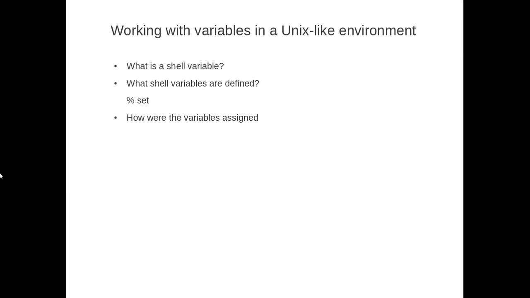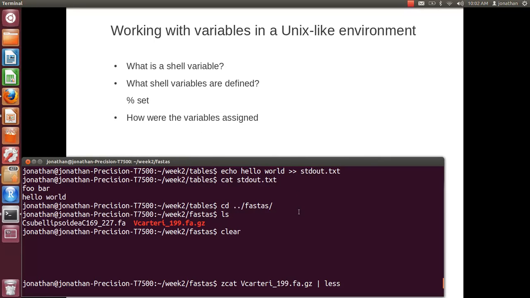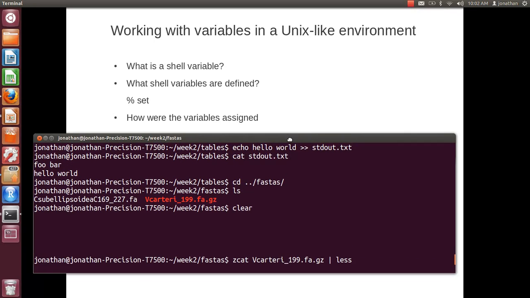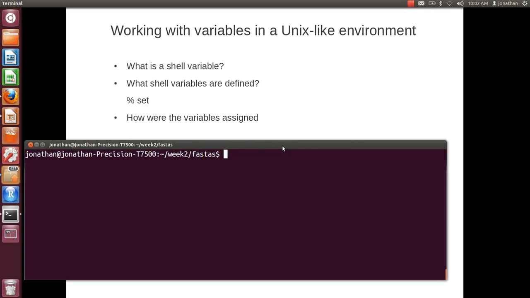So let's switch topics to working in a Unix-like environment with variables. This is another important topic. So what is a shell variable? Shell variables are variables that contain information that either you've defined or that become predefined by various configuration files that get executed when you start your computer or when you open a terminal.